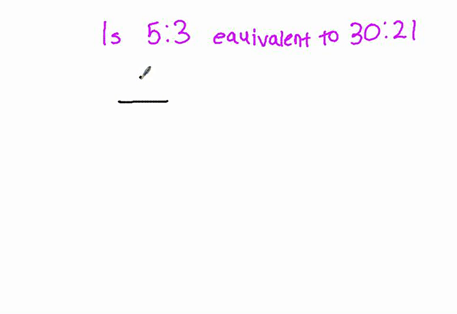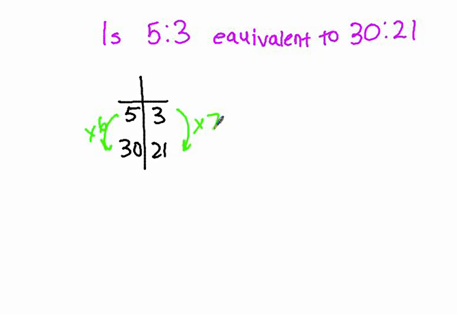We can start with a ratio table. 5 to 3, is that equivalent to 30 to 21? Well, to go from 5 to 30, we're increasing by 6 times. To go from 3 to 21, we're actually increasing by 7 times. So we would say, no, they are not equivalent. They are not changing at the same rate.